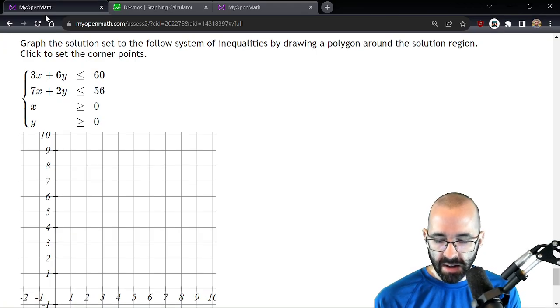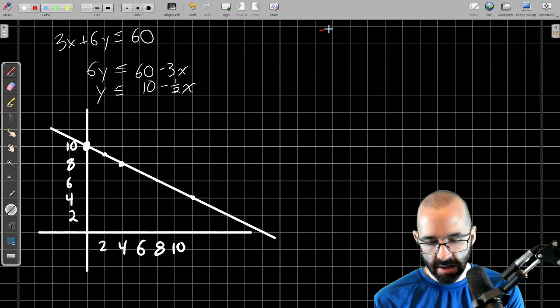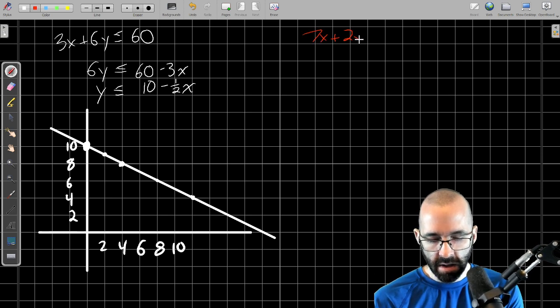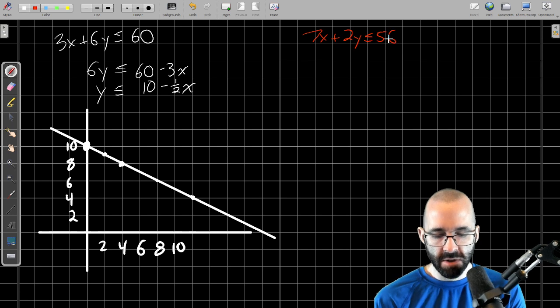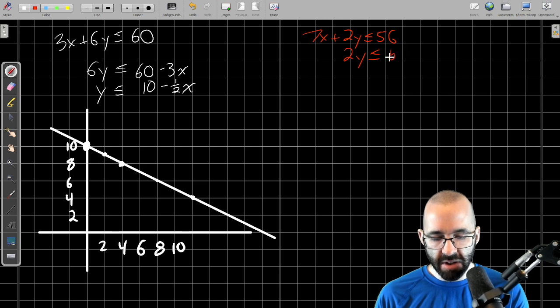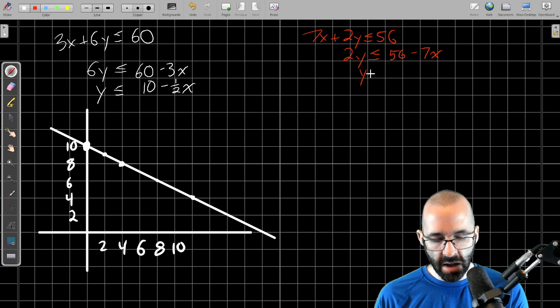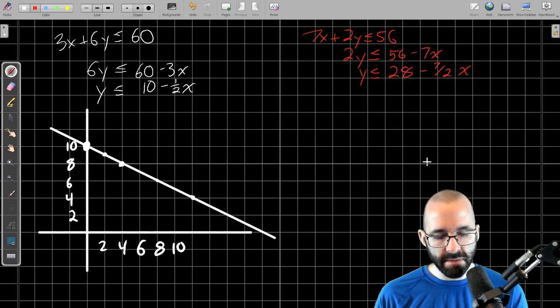Now we do it for another equation. 7x plus 2y less than or equal to 56. Solve for y. Subtract 7x from both sides to get 2y is less than or equal to 56 minus 7x and divide everything by 2. Y is less than or equal to 28 minus 7/2 x.